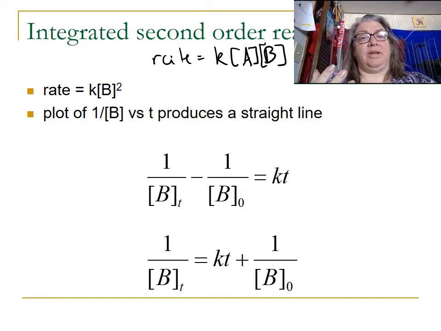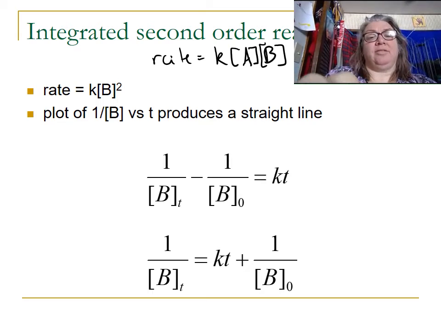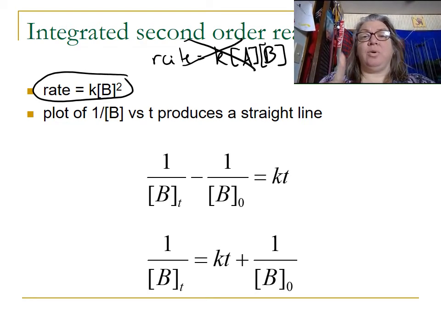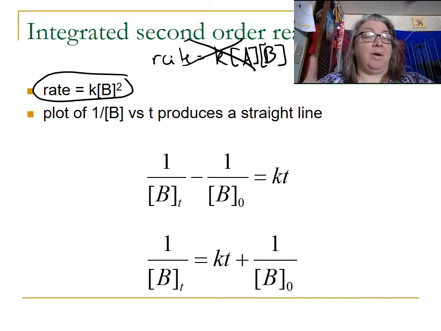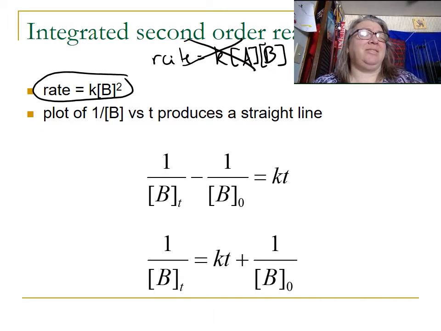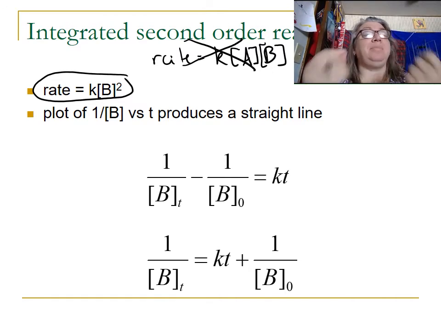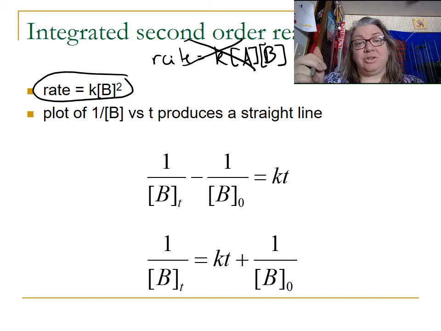That's a possibility, but it's not what we're going to be looking at, so I'm going to X that out. We're going to look at the example where you just have one reactant that the rate is dependent on. It doesn't mean it's the only reactant, but it's the only one that the rate's dependent on. And this one happens to have an order of 2, so it's second order.